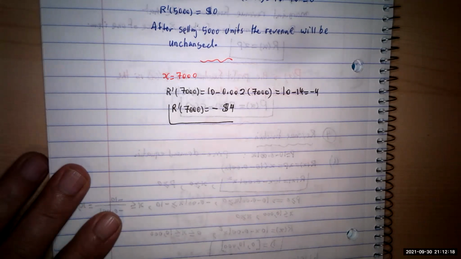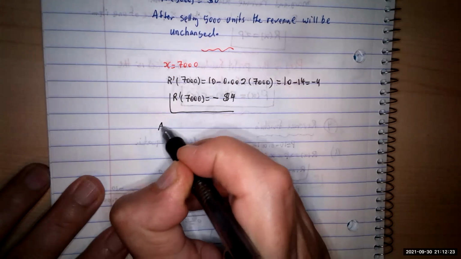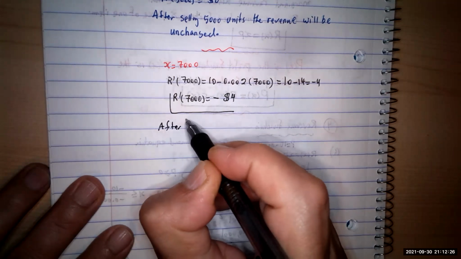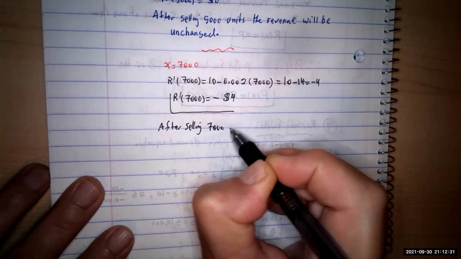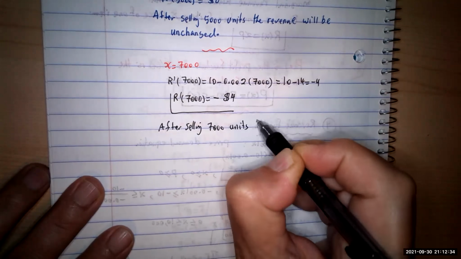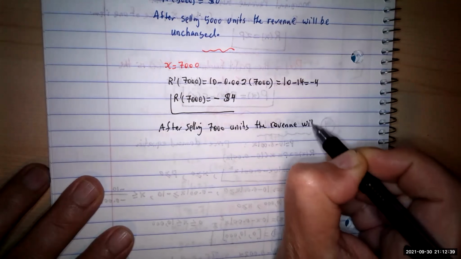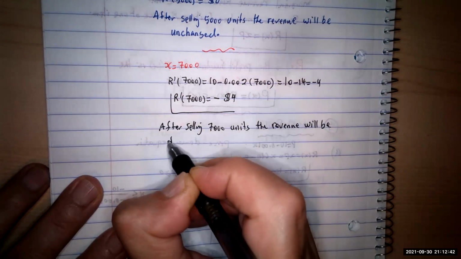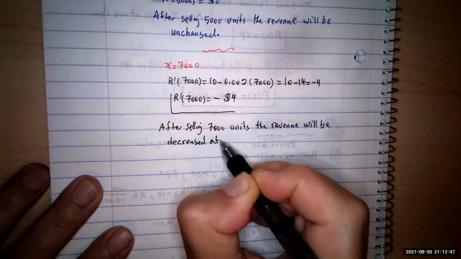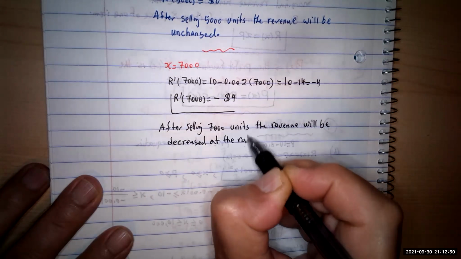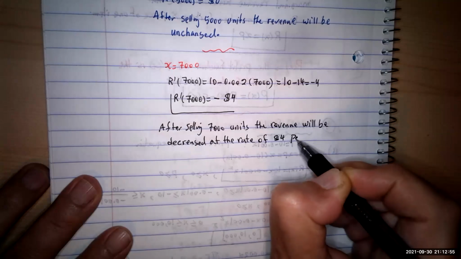Okay, this means it doesn't work to continue. Maybe your cost would be higher at this level. So after selling 7,000 units, the revenue would be decreased, or we lose money, at the rate of $4 per unit.